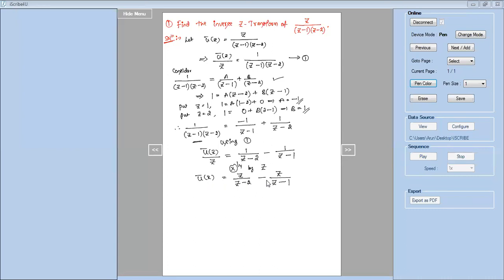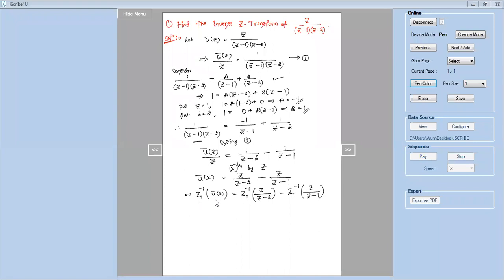And once you get U bar of z, take inverse z transformation on both sides. So if I take inverse z transformation, we get ZT inverse of U bar of z on the left hand side is equal to RHS. It is ZT inverse of z by z minus 2 minus ZT inverse of z by z minus 1.